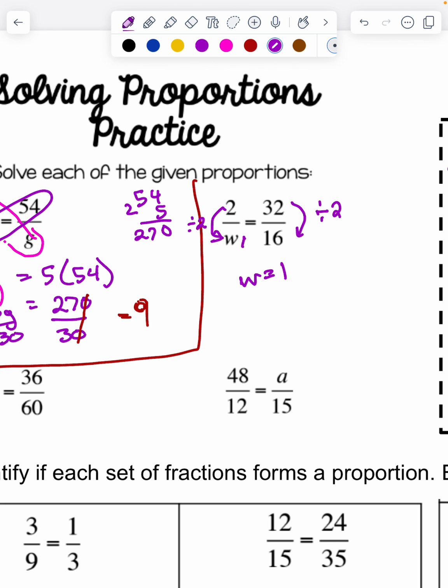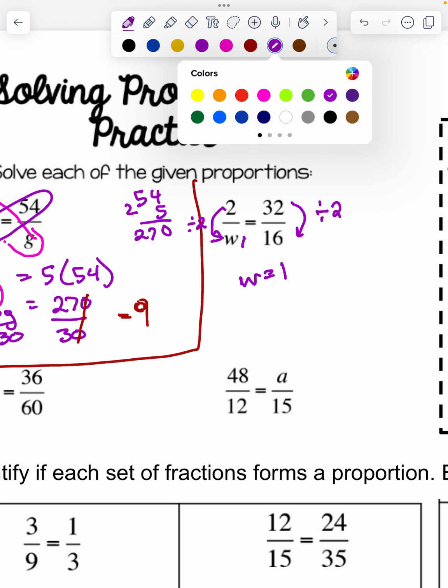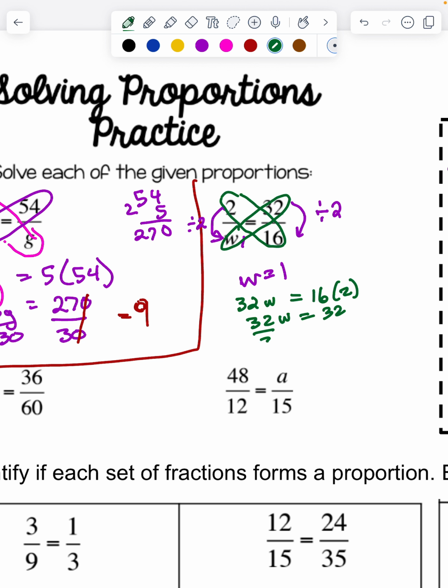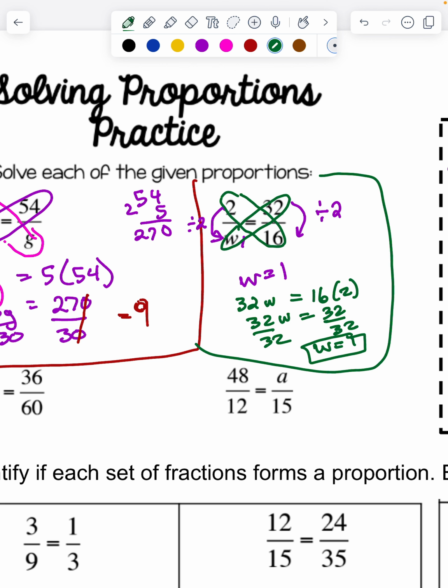I'm also going to do it the original way, where I'm going to cross multiply. 32 times W equals 16 times 2. And 16 times 2 is 32, so 32W equals 32. Divide by 32, divide by 32, W equals 1. I got the same answer. So that is another way to do it.